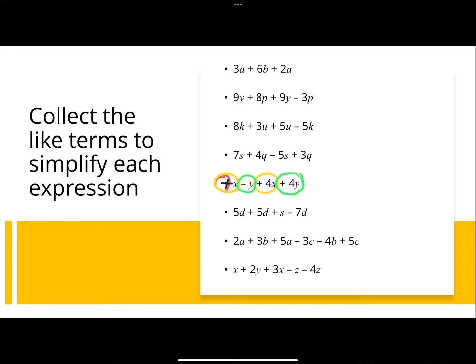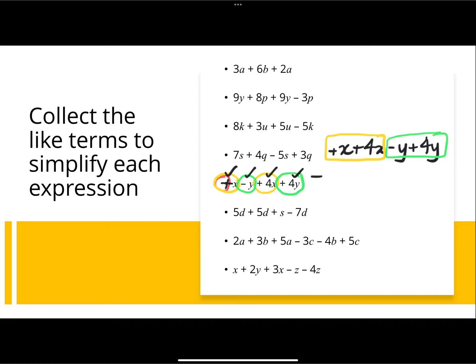So I have, let's write it down here so it's easier to see. So plus x is that one, plus 4x, take y, plus 4y. And I'm going to work out that one first, and I'll work out this one second.